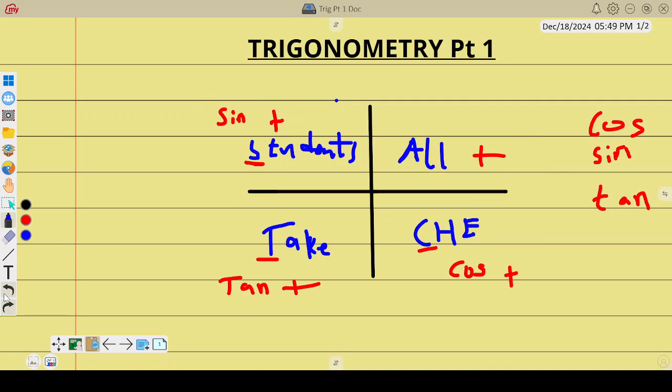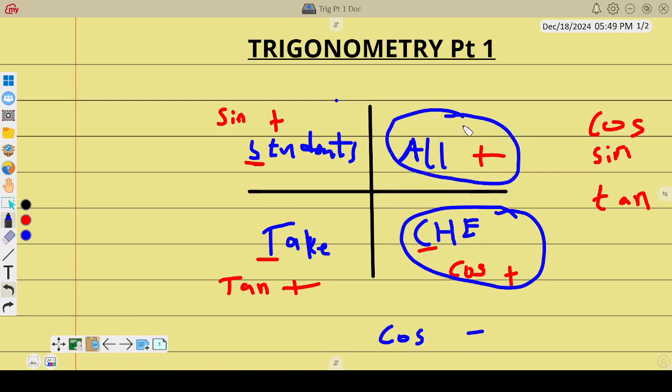Are we good? Getting back to the question, we want to know where cos is negative. Since cos is positive here and there, it's negative in this quadrant and in this quadrant. Wherever it's not positive, it means it's negative.